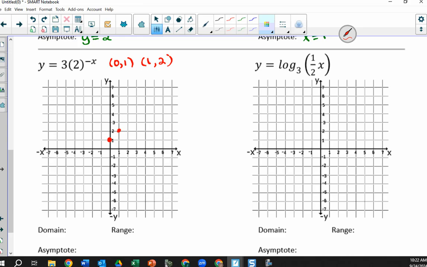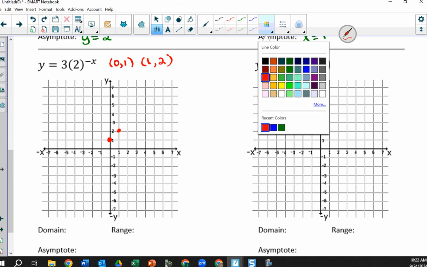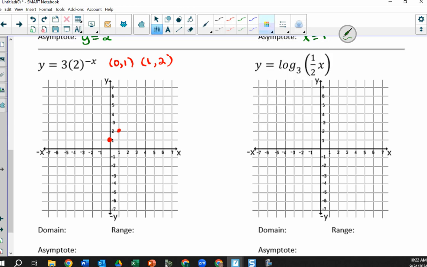Just visualize it in your head: okay, horizontal asymptote, I know the shape of this graph. We're not going to draw that in yet. We have to deal with a couple of transformations that are different than we have been dealing with. Okay, the 3 out in front, what is that doing? That's the a.